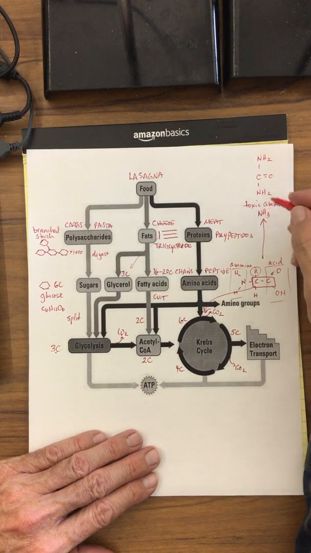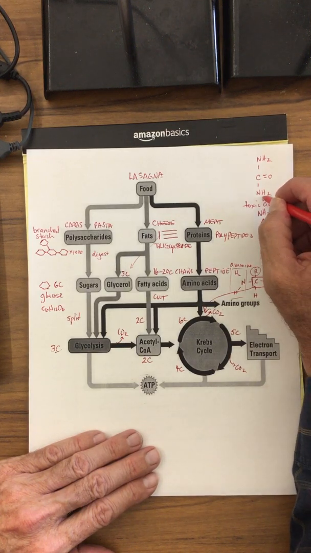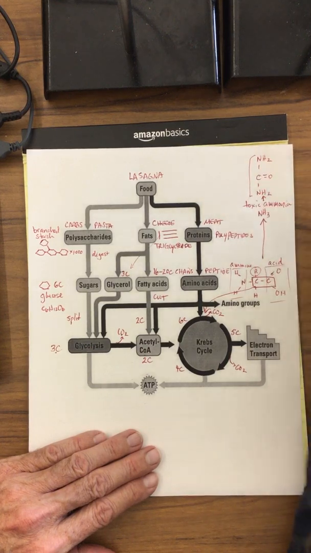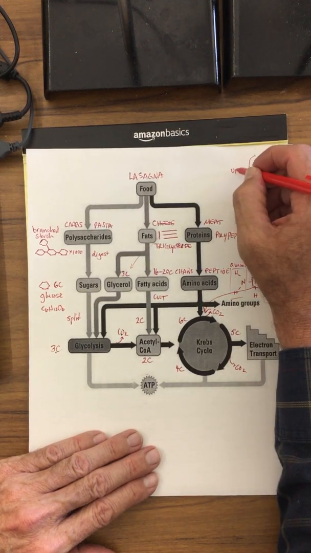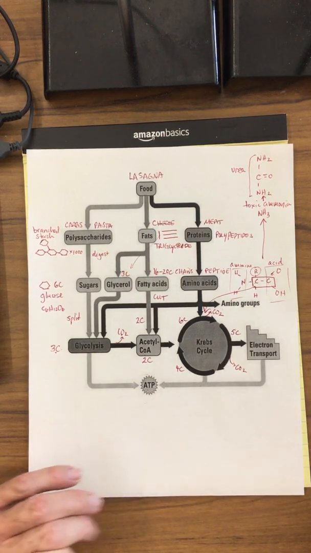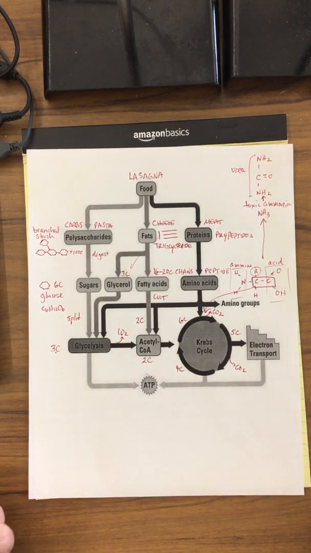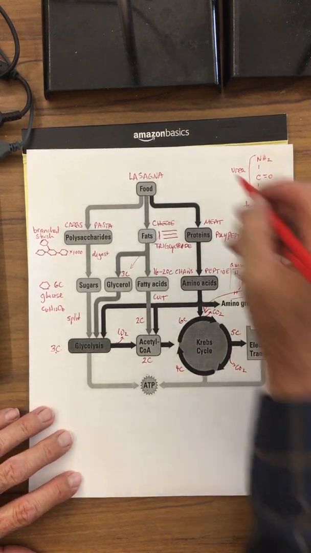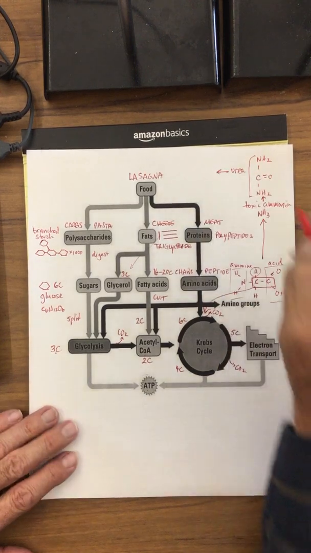So the ammonia then gets converted into this molecule here. This molecule is called urea. Now, while urea is less toxic than ammonia, it is still toxic and needs to be removed by our bodies.